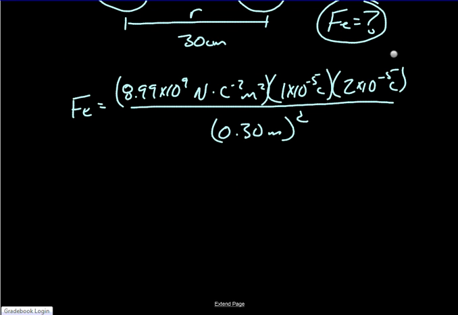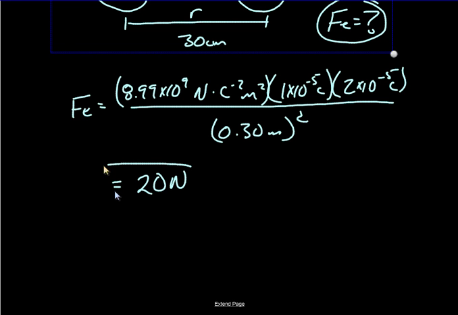So I get 20, and that, just to confirm, is totally by fluke. I just made these numbers up. Nice round number. Okay, so 20 newtons. And that is basically how you go about using that formula.